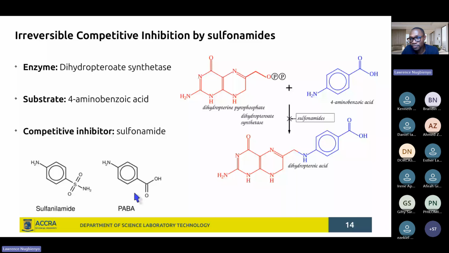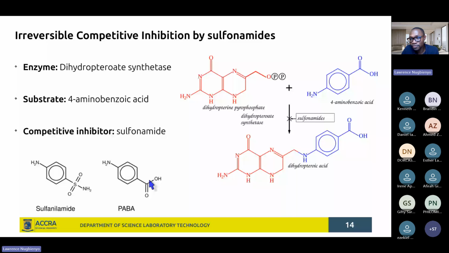You have the six-sided ring with that amine group there, attached onto the ring. For para-aminobenzoic acid, you just have the carboxylic acid group there.